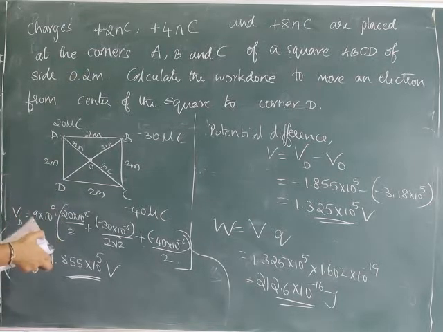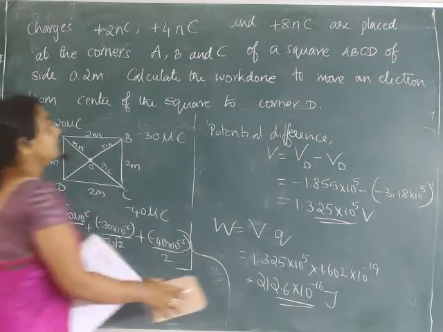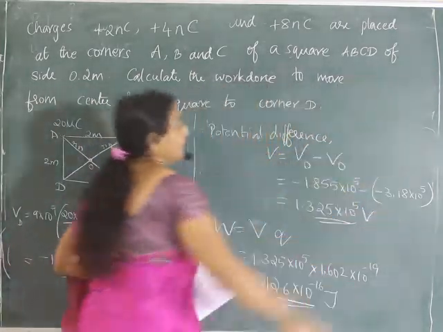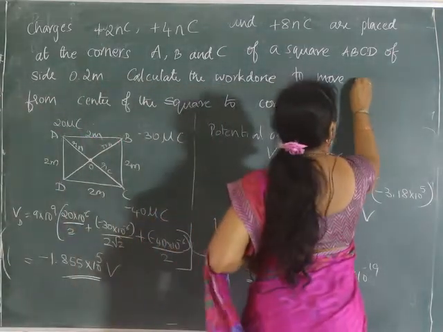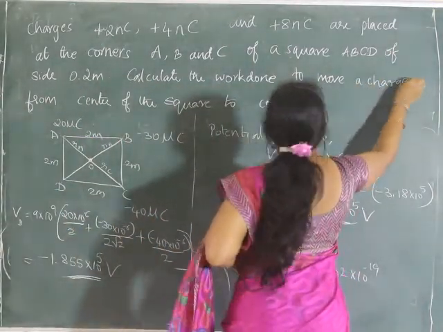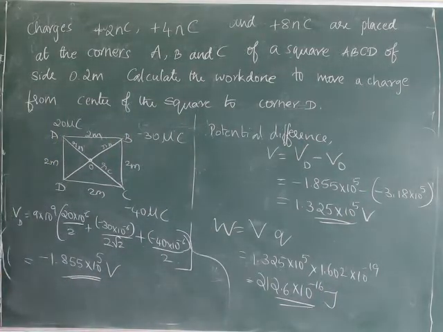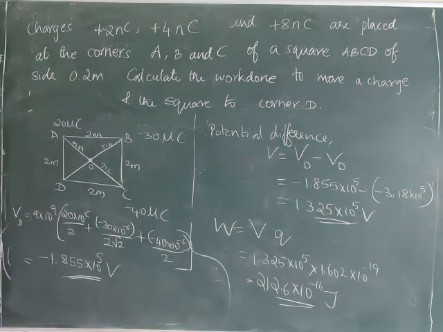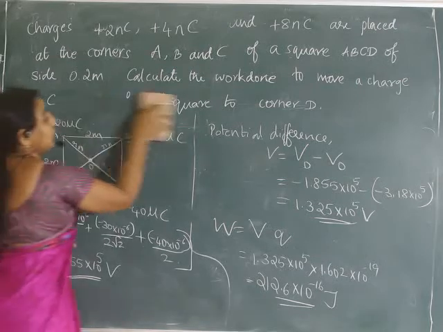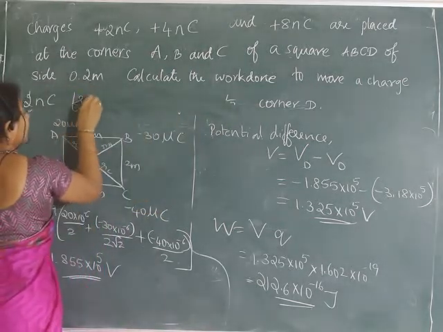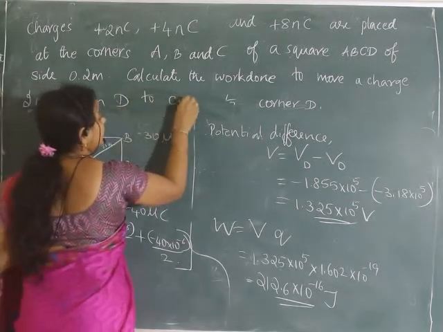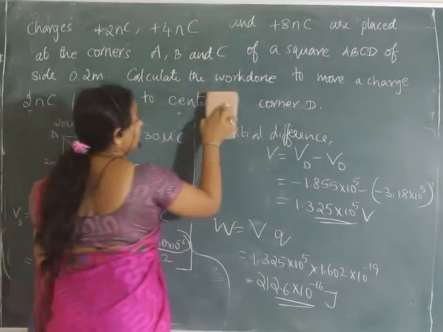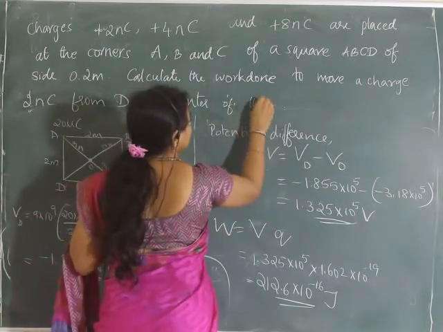Calculate the work done to transfer or move a charge 2 into 10 to the power minus 9, or 2 nanocoulomb, from D to the center of the square.